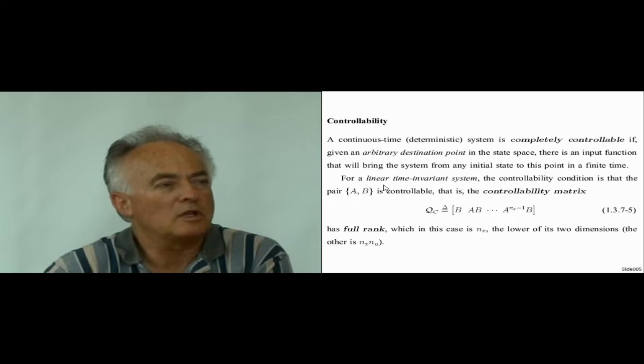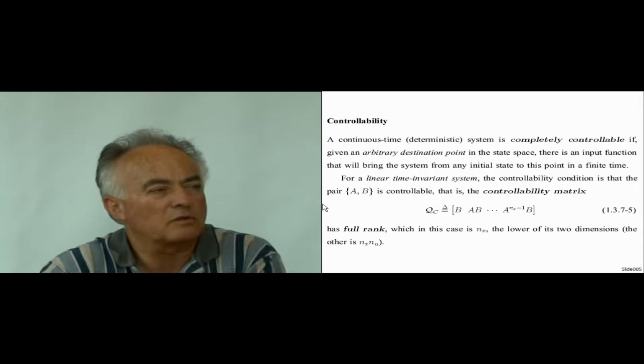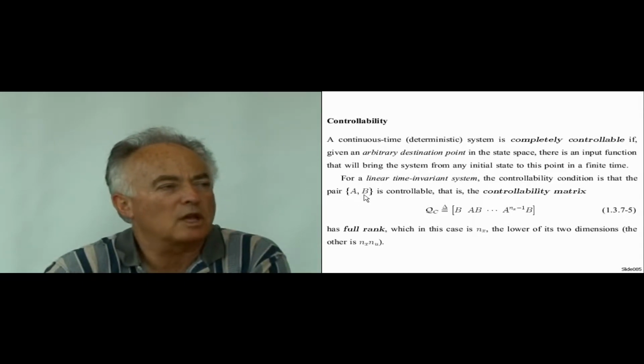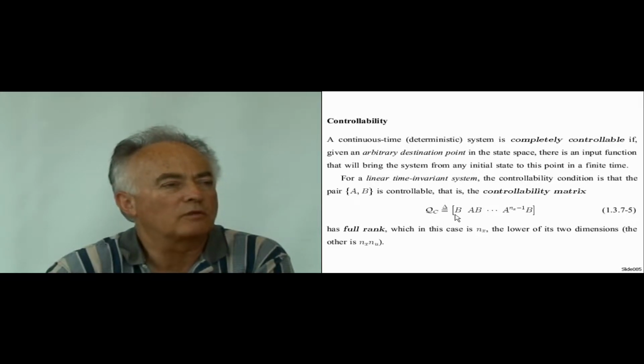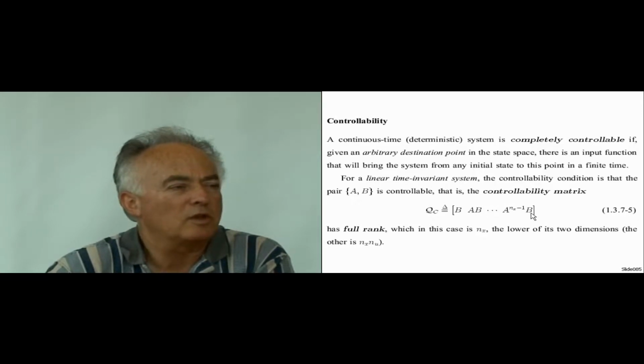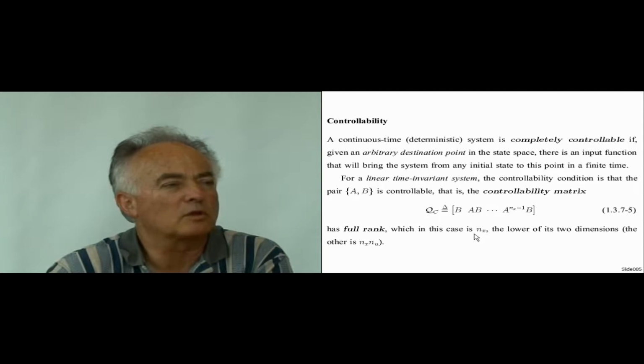If the system is linear and time invariant, the controllability condition turns out to be as follows. The pair A, B, where A is the system matrix and B is the input gain, is said to be controllable if we have a controllability matrix Q sub C consisting of B, AB, up to A to the nx minus 1 times B, and this matrix has full rank, in which case the rank would have to be nx because, as you can see, the number of rows here is nx, and the number of columns is more.